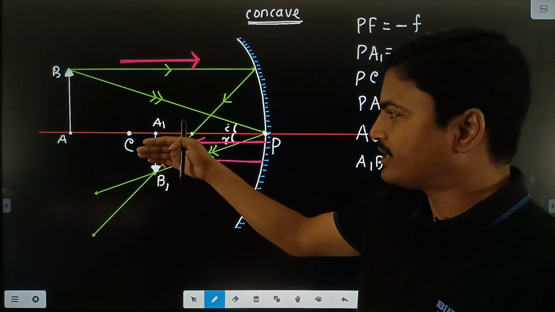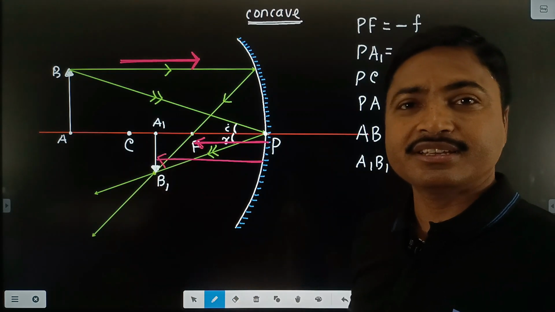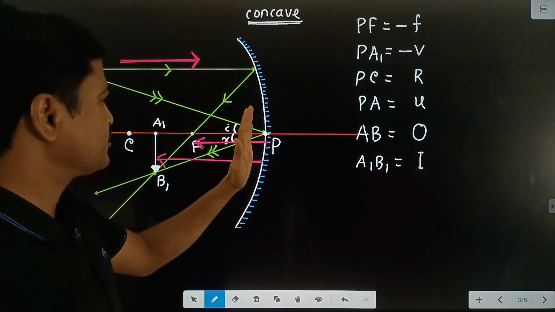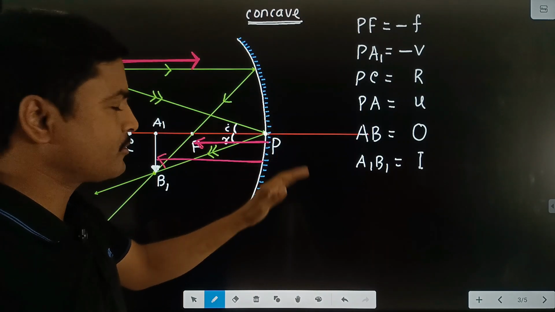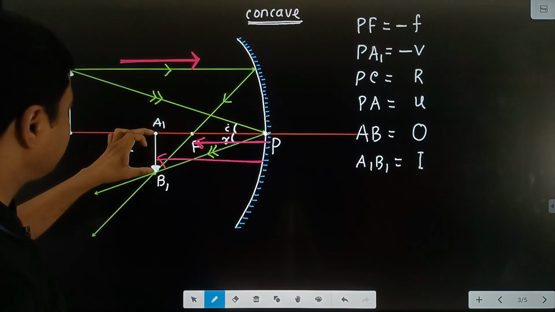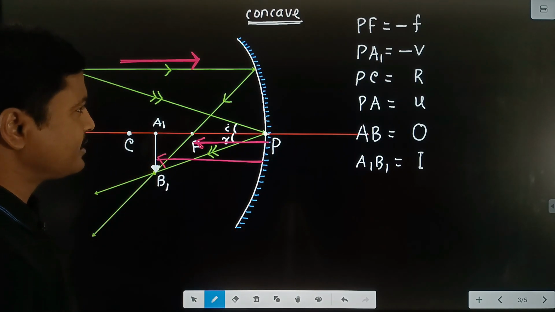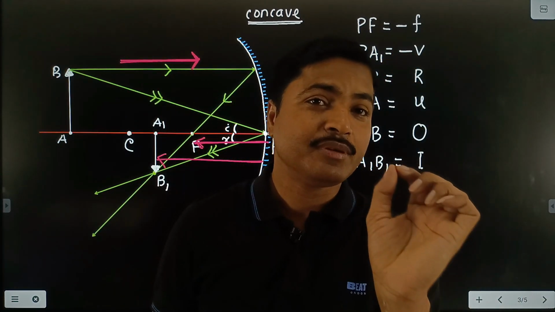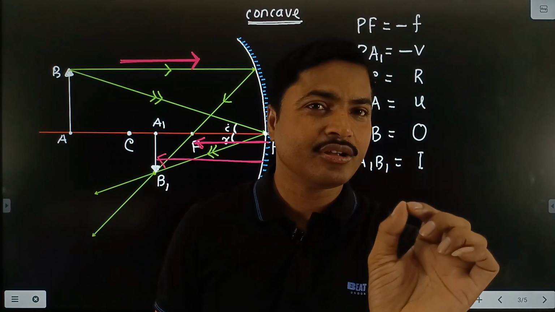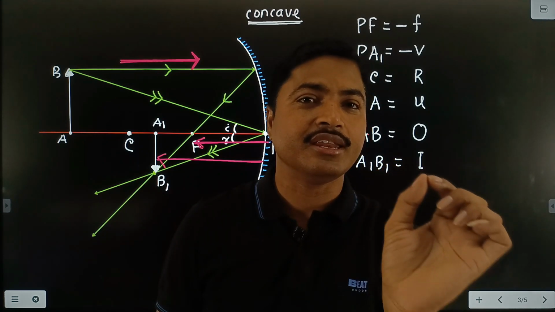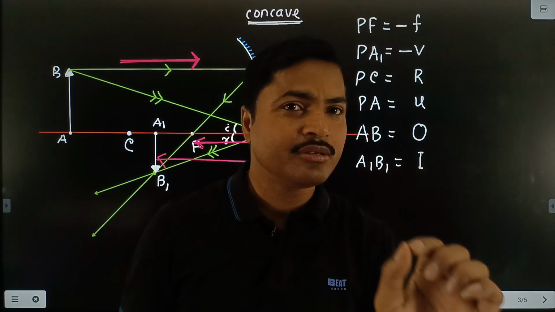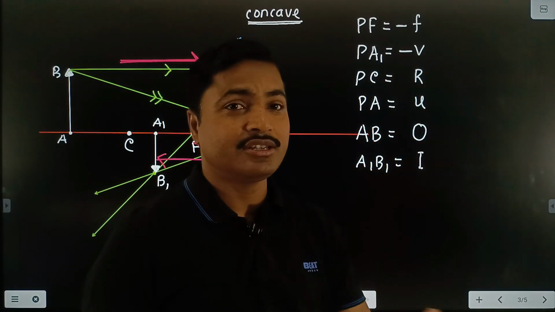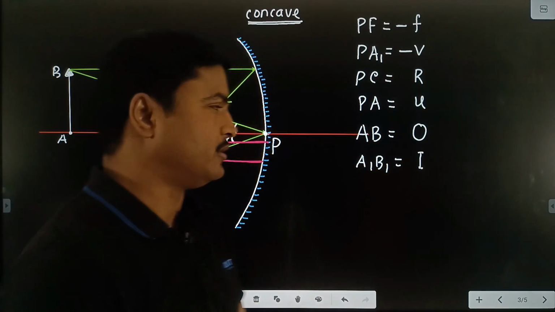So in case of a concave spherical mirror, if the image is real and inverted, then the image distance is always negative, that is minus v.